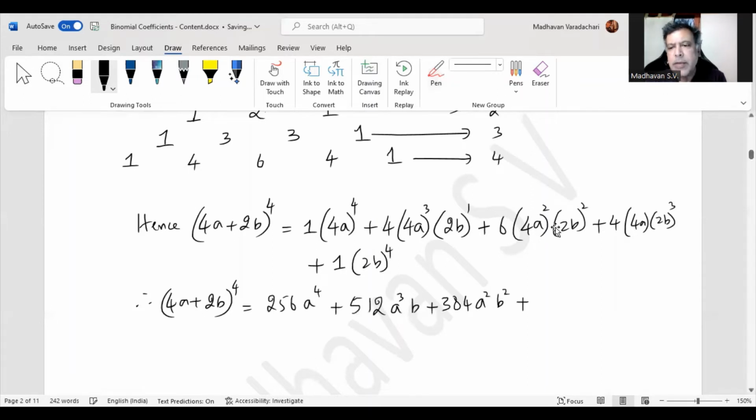And then plus we have here 2 cube is 8. 8 into 4 into 4, we get 128 a b cube plus 2 power 4 is 16, so it becomes 16 b to the power of 4. So that will be the expansion of (4a plus 2b) the whole thing to the power of 4.